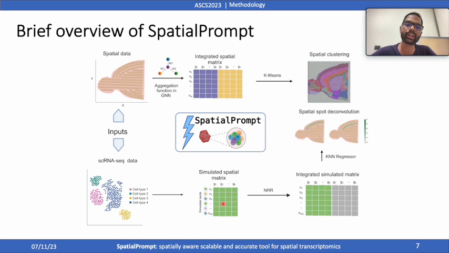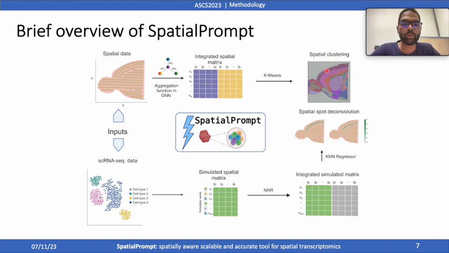In the simulated data, each spot has multicellular resolution. In the spatial data, using a graph neural net, we construct this integrated spatial matrix, where each spot is represented by its own expression and also the weighted mean expression of its neighbors. In this way, a spot is represented by its own expression and the expression level of its neighbors, or the microenvironment.